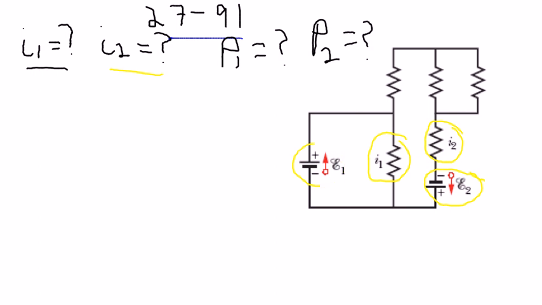So the question is, how do we go about figuring these out? The first thing we do is label our currents going through each of the different objects in our circuit. If the current is going this way through EMF2, I'm going to call that I2, since it'll be the same current going through this resistor here.